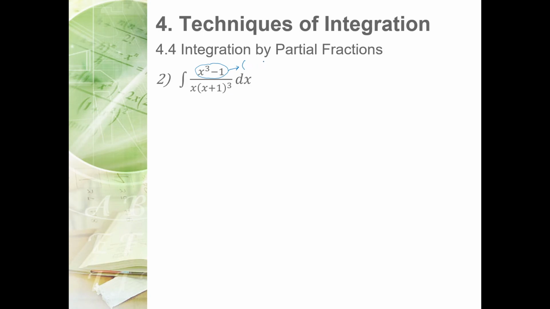So this one is a binomial multiplied by a quadratic, di ba? Then in the denominator you have one distinct linear factor, x, and the other one is a repeating linear factor, x plus 1 cubed. So for the numerator, that's the difference of cubes. What will be the formula for that one?